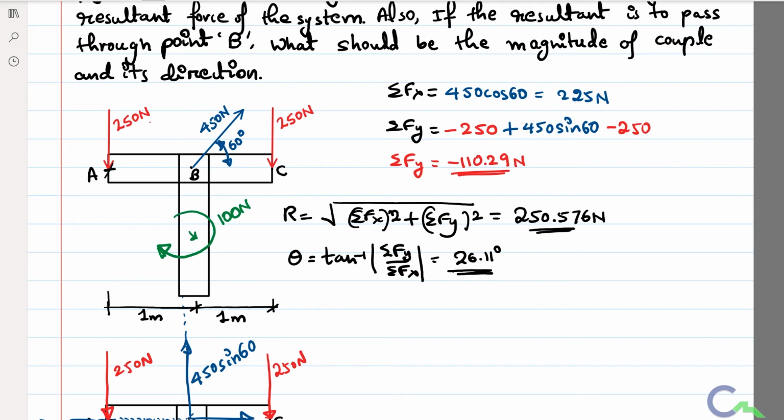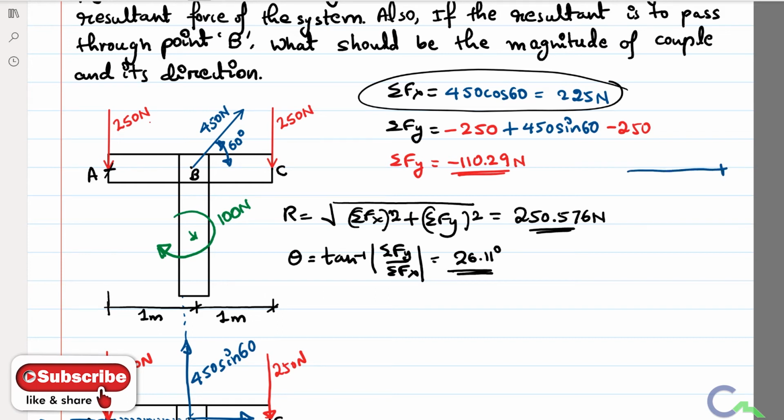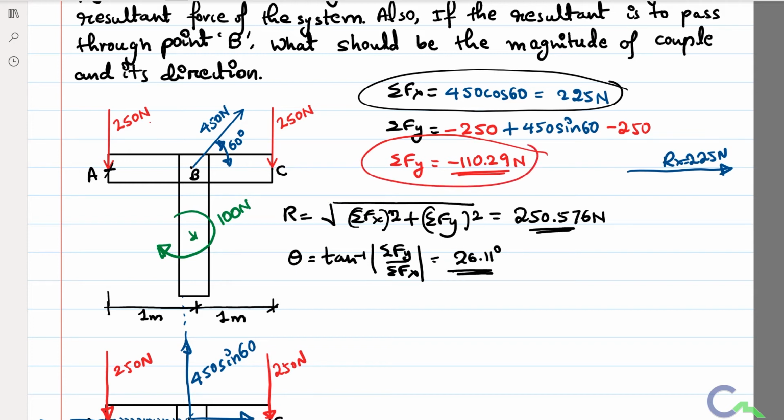After calculating resultant, I want to show these values using diagram. So horizontal component of the resultant we got plus value, it is acting in positive direction. So I will take like this, that is Rx is equal to 225 Newton. Then vertical component of the resultant we got minus value, that is Ry is equal to minus 110.29 Newton.